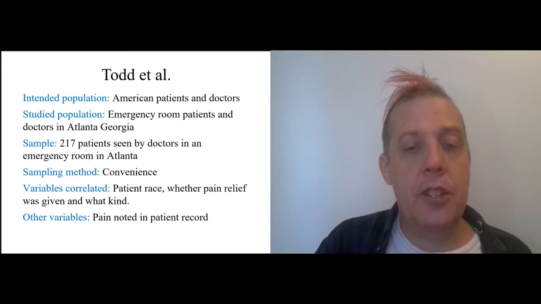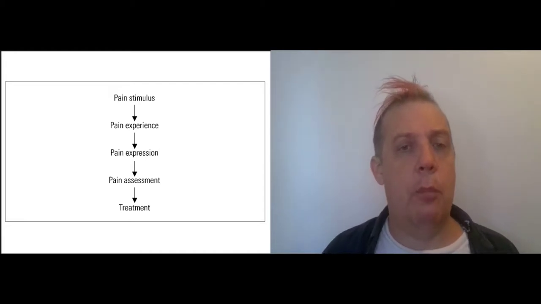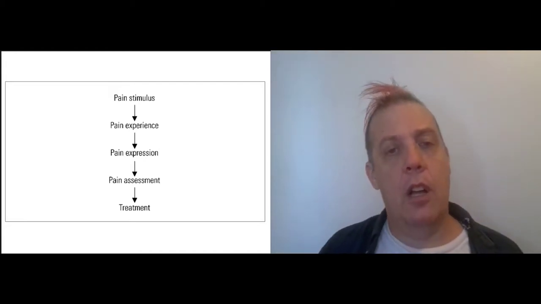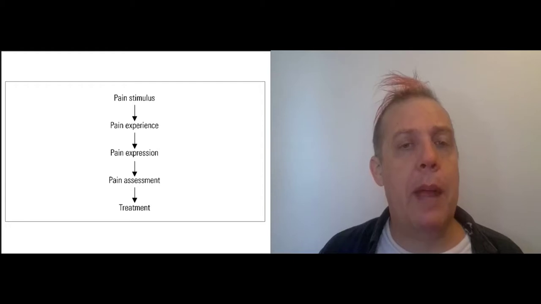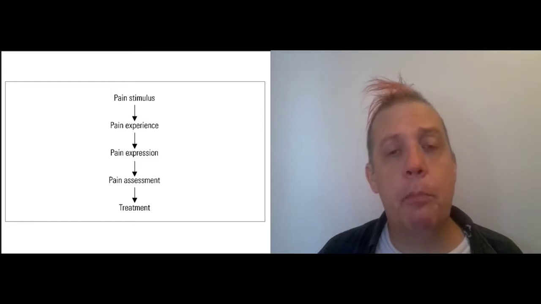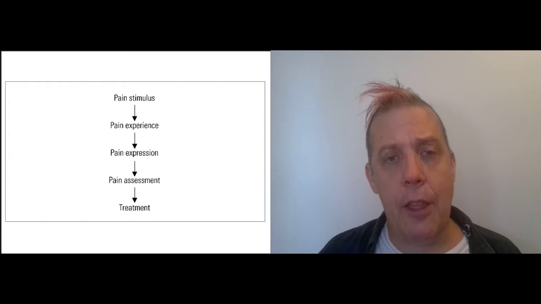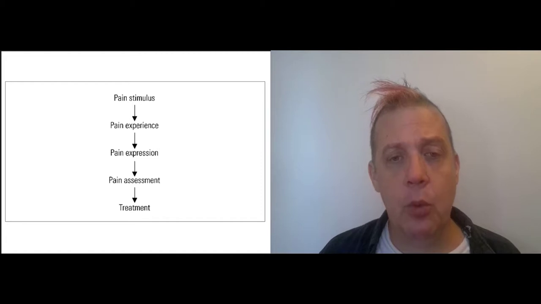So they lay out this chain going from the pain stimulus, in this case a broken bone, down to treatment. And in their sample of the population, the stimulus and the expression and the assessment were all roughly the same, right?